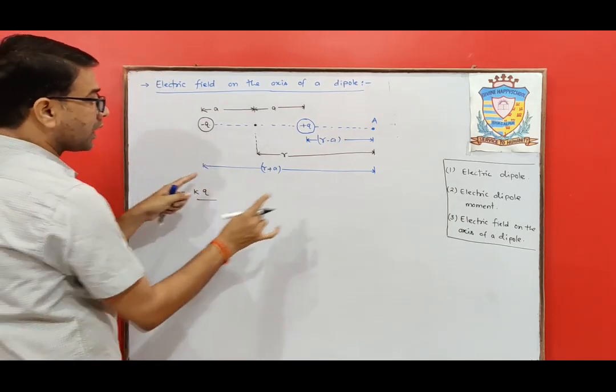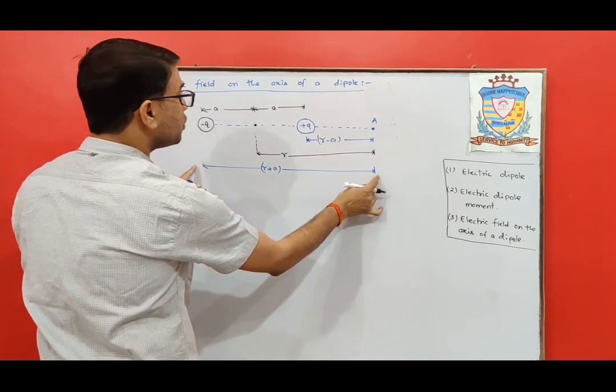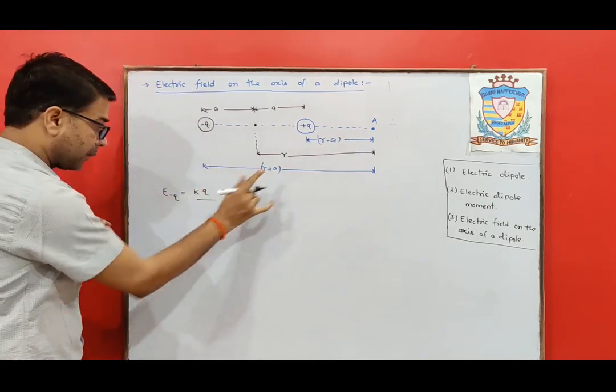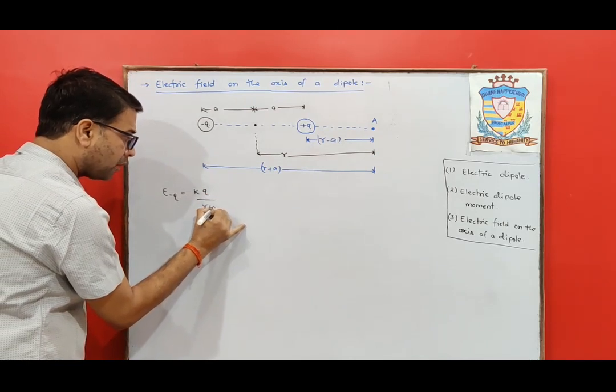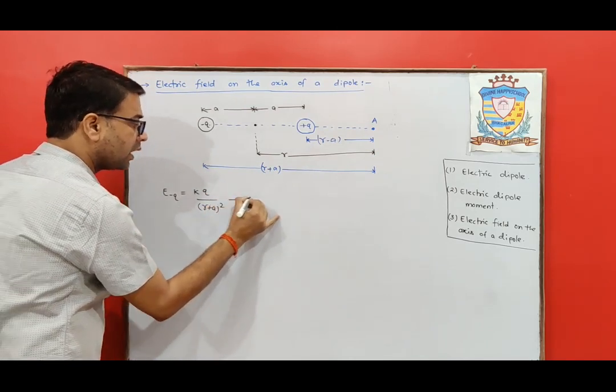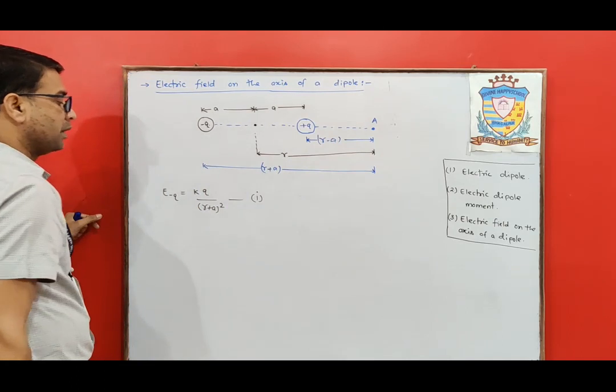The distance from minus Q to A is R plus a, so here it will become KQ upon (R plus a) whole square. This is our equation number one.